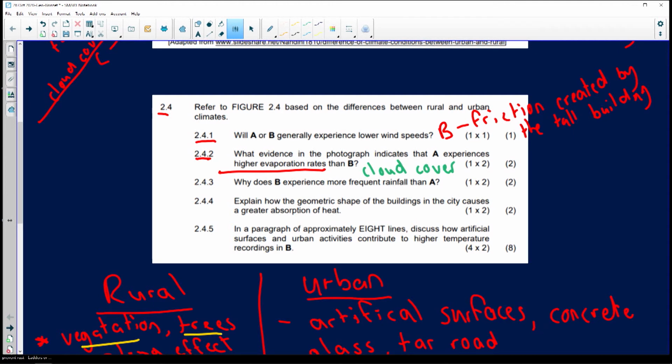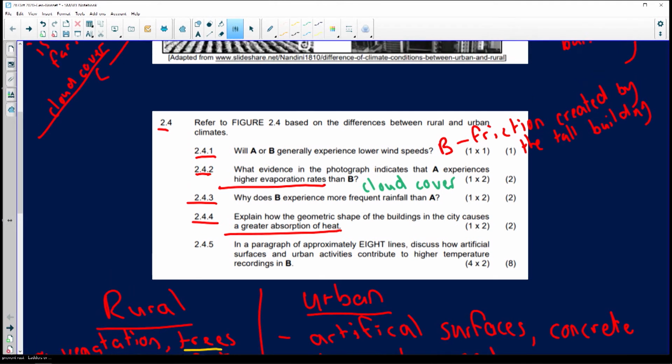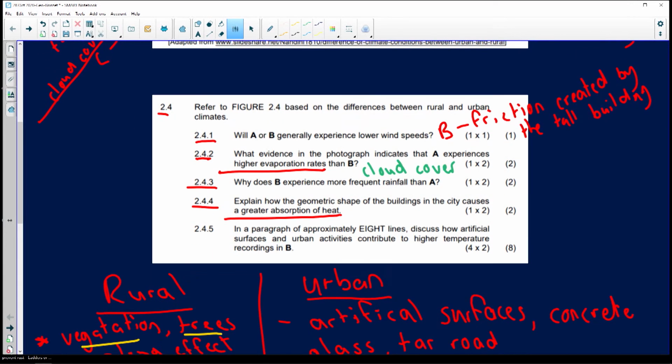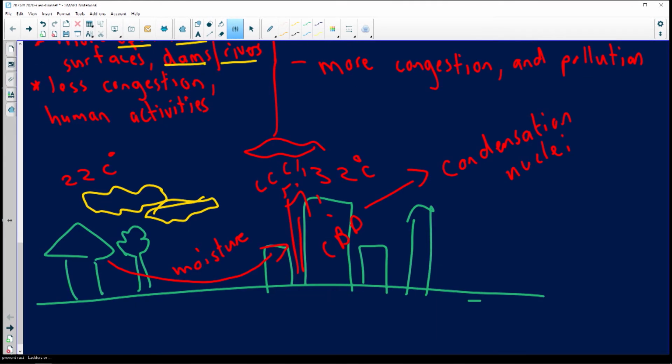Now, if you quickly have a look at question 2.4.4, explain how the geometric shape of the buildings in the city causes greater absorption of heat. Okay. Geometric shapes is the shapes of the buildings, because what do they do? I want to write down there in the bottom.